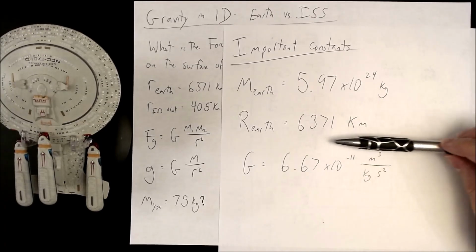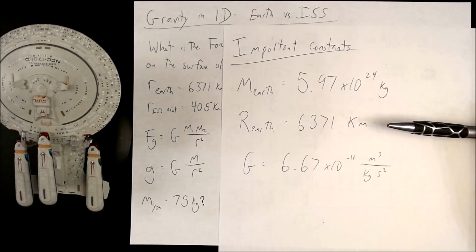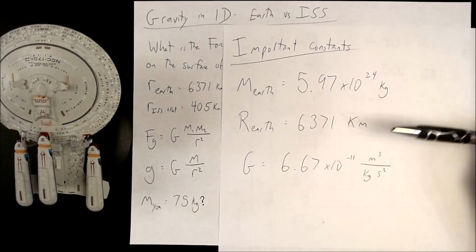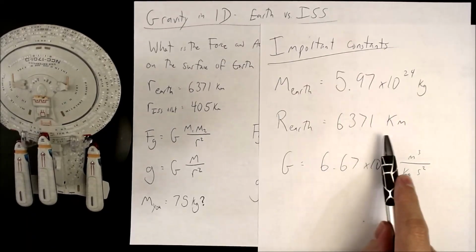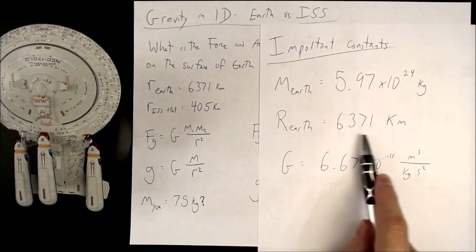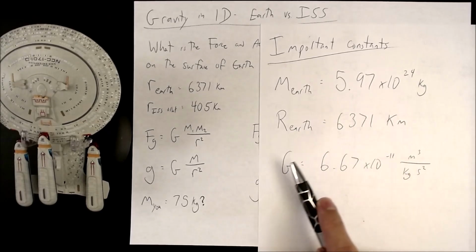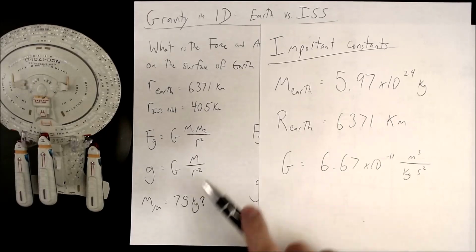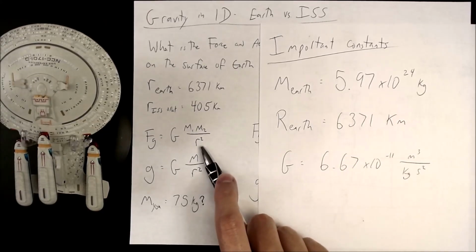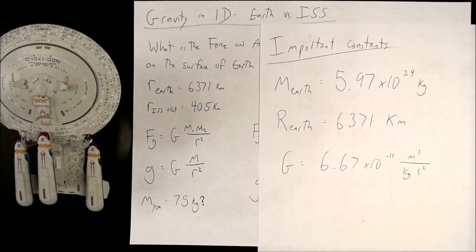When you just plug it in as kilometers, the equation doesn't know what you're doing, so it interprets it as meters, and you get off by a factor of 1,000,000, because the wrongness here is a factor of 1,000. If you just plug in 6,371 instead of 6,371,000 meters, you end up being off by a factor of 1,000,000, which you probably don't want to be doing.